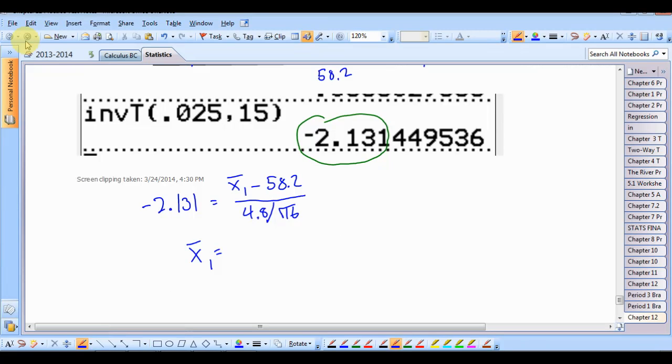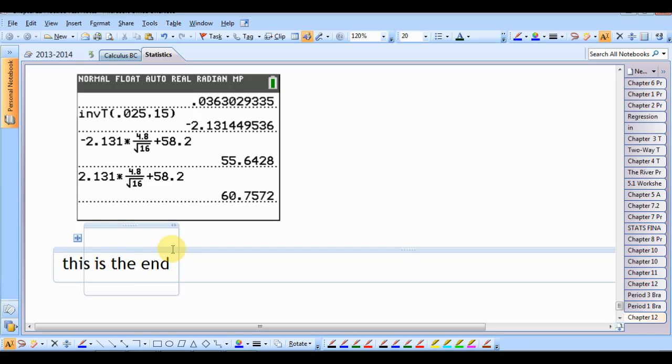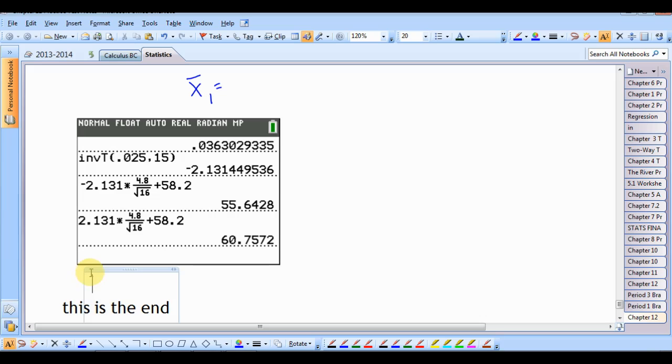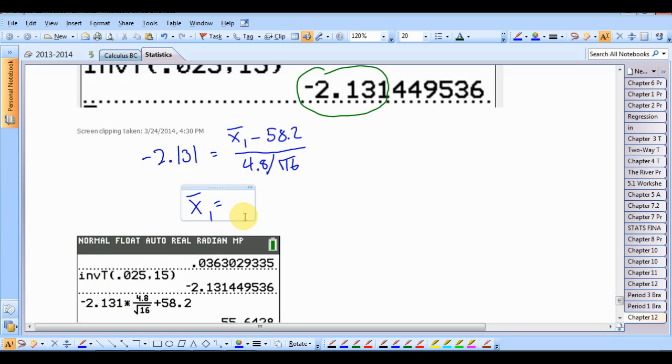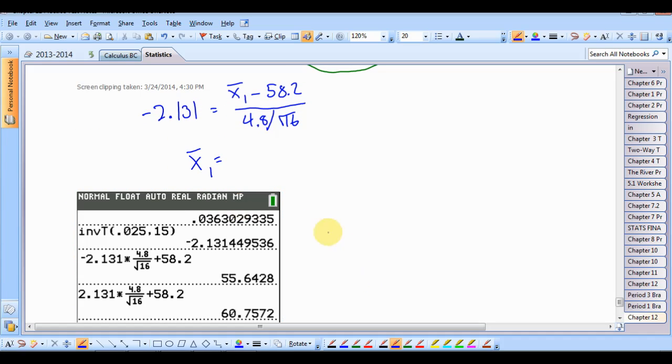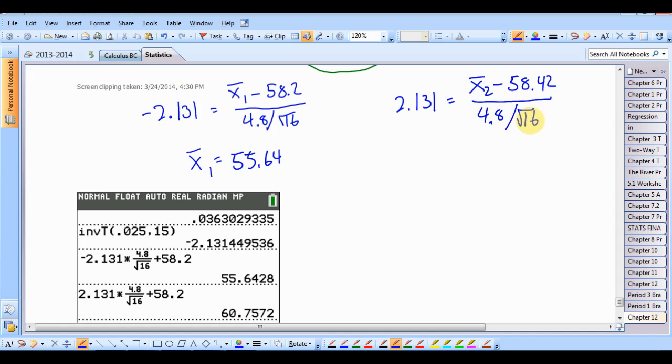So x bar 1 equals 55.64. 2.131 is equal to x bar 2 minus 58.2 over 4.8 divided by root 16.